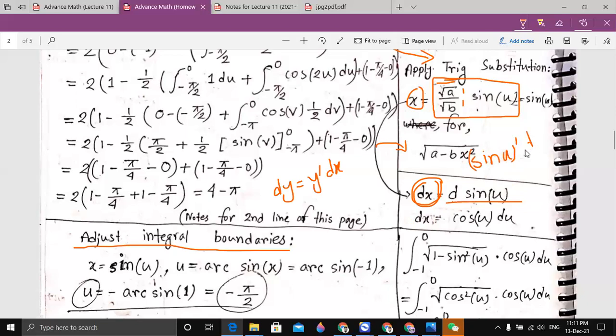Do you remember that small formula? So dx will be equal to cos u du, because the derivative of sine u is cos u, right? Not x, here it is u.